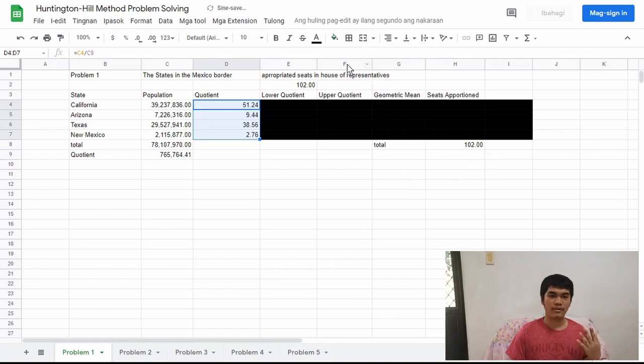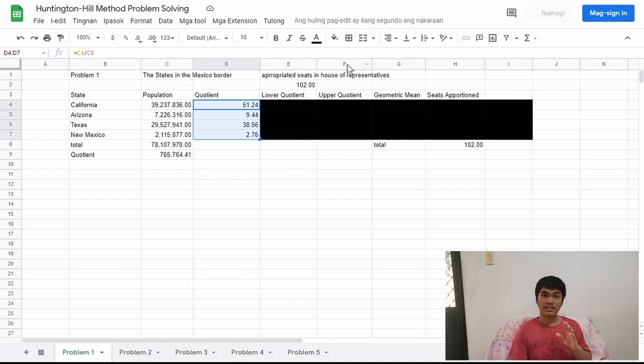If you do that, you will get your base. In California, you have 51.24, in Arizona 9.44, in Texas 38.56, and New Mexico 2.76.